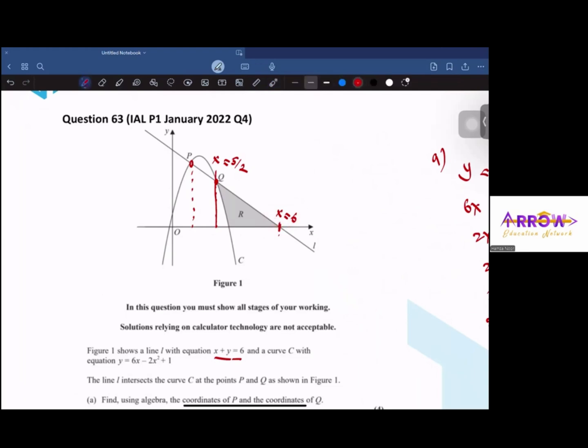Because when we are saying that x is greater than or equal to 5 over 2, and we are saying that the region R is below the line, above the curve, and above the x-axis, automatically we are not considering this region which is under the x-axis, because the region R is supposed to be above the x-axis, right? First thing first.